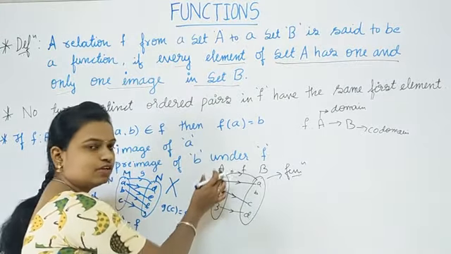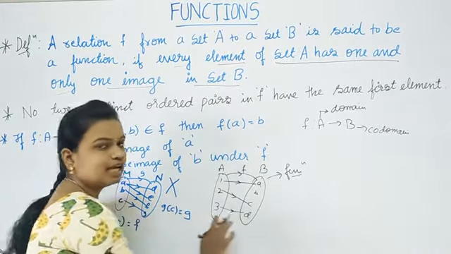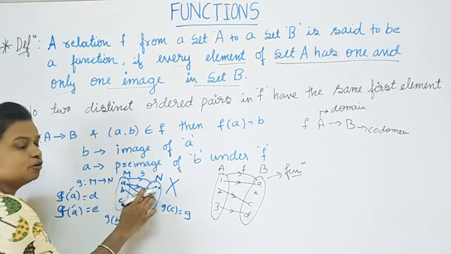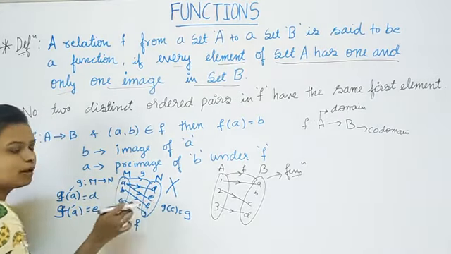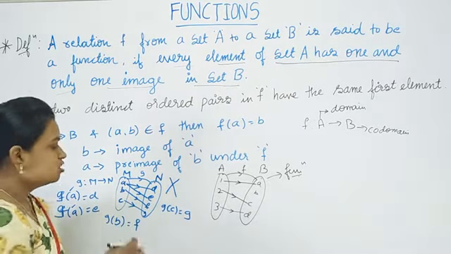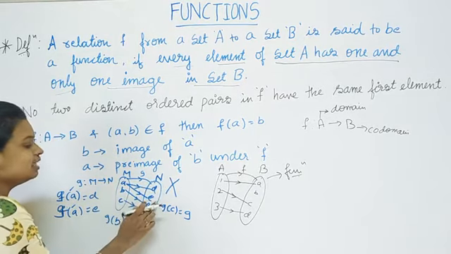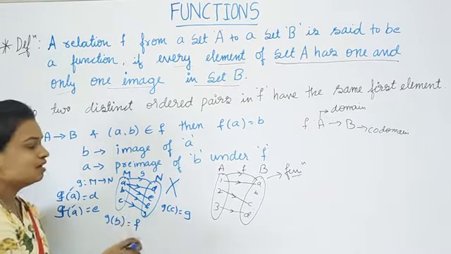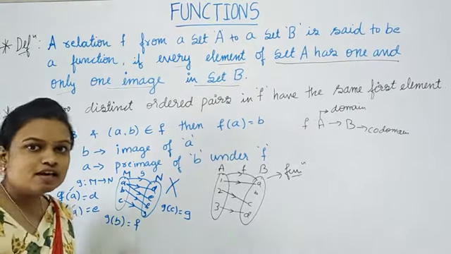Every element of A is mapped to a single element of the codomain. But here a is mapped to d as well as a is also mapped to e. So clearly it has more than one image. So a has the image d and also the image e. So this is not a function. It may be a relation, but this clearly is not a function.